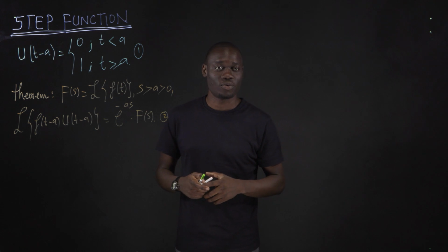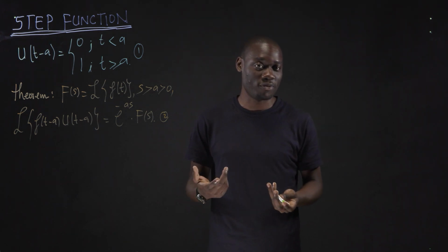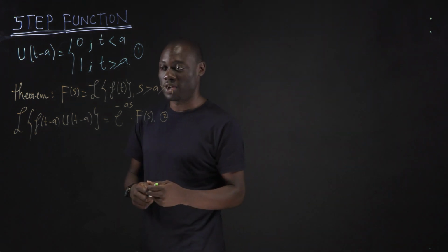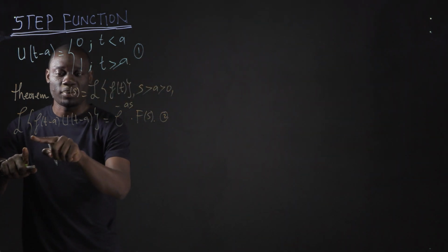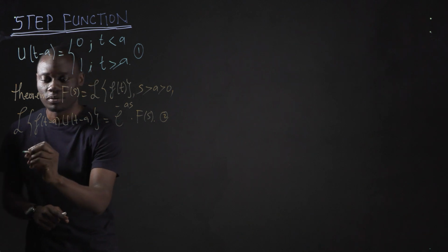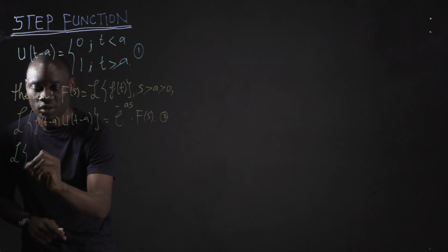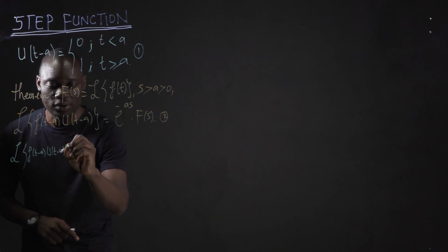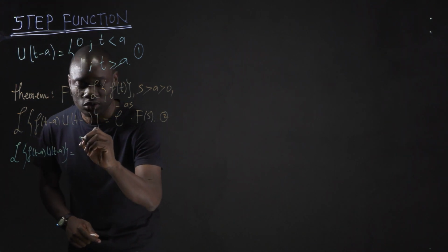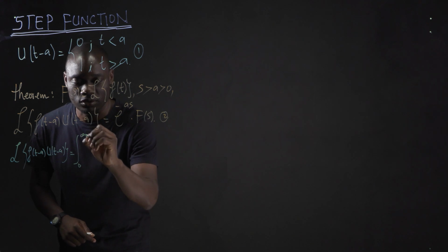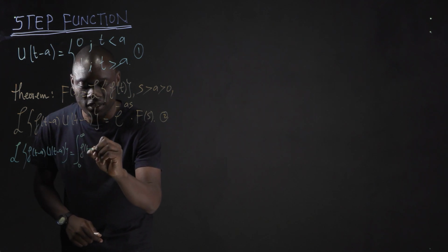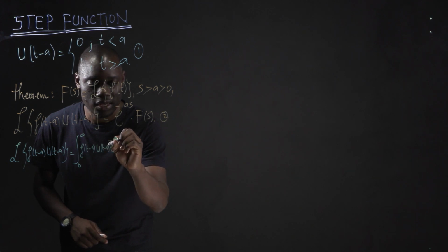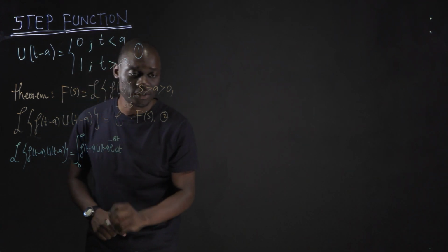You may ask yourself, where is this equation 2 coming from? We can easily prove this by implementing the following calculation. The Laplace transform of f(t minus a) u(t minus a) is equal to the integral from 0 to infinity of f(t minus a) u(t minus a) e^(minus st) dt.